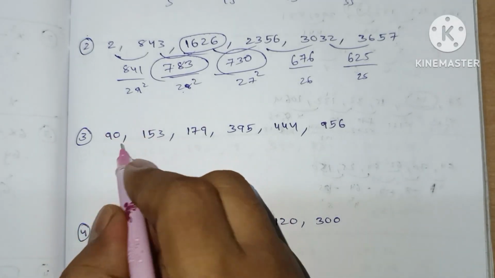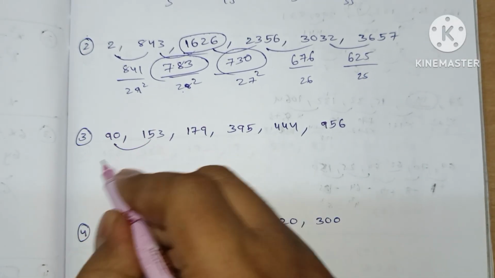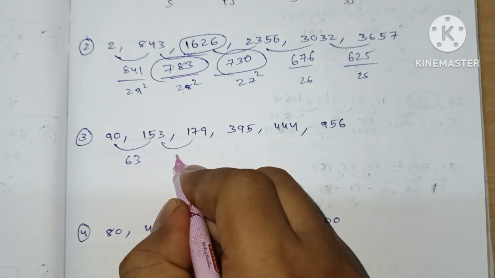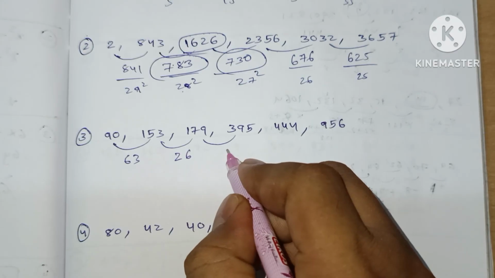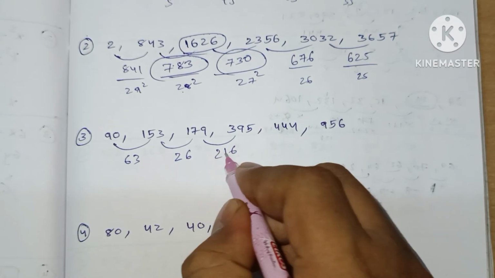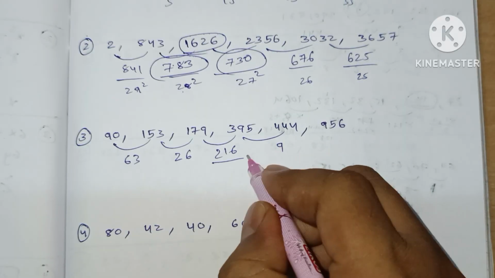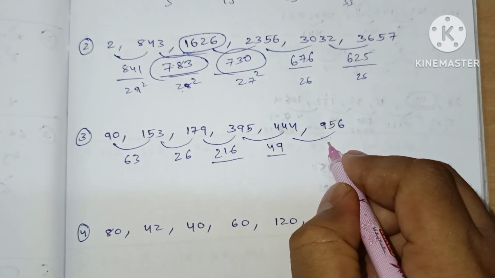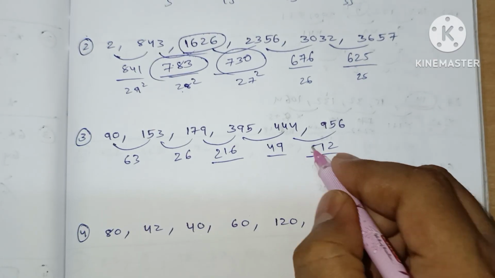Next one. Here the numbers are gradually increasing, so we will go with the differences. Here the difference is 63. Here the difference is 26. Here the difference will be 612, 216. I know this number. Here the difference between these two is 49. I also know this number. Here the difference between these two numbers is 1, 2 and 5. I also know this number.